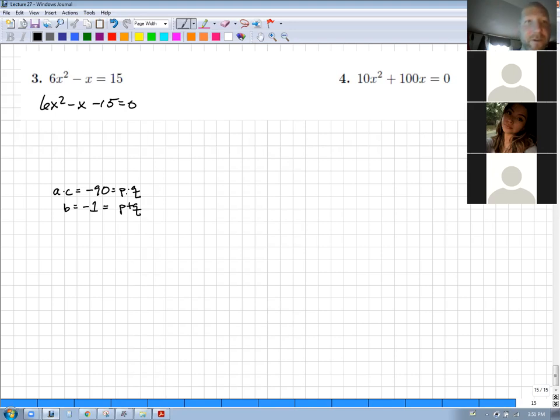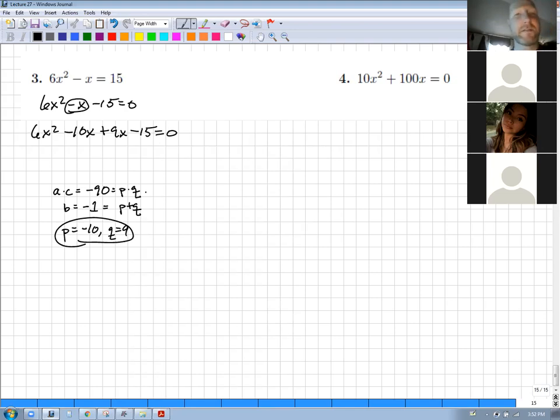So thinking of all the possibilities that multiply to give us negative 90, what if we let p be negative 10 and q be 9? All right. So they multiply to be negative 90. They add to be negative 1. So what we then do, we take the middle thing here and rewrite it using these. We write it as minus 10x plus 9x.